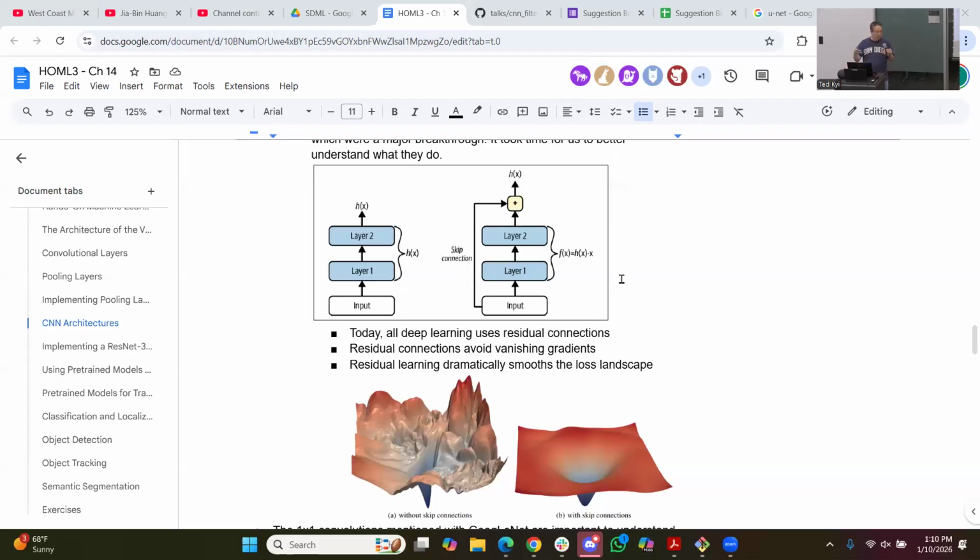If your model was smart enough to be able to learn some weird pattern h of x, it's probably able to learn the pattern h of x minus x. So worst case scenario, it can get the same performance as the non-residual model. But what we've learned is that actually the ease with which it can find the path to a really good answer is much, much, much easier. I don't know if that answered your question. Sorry.